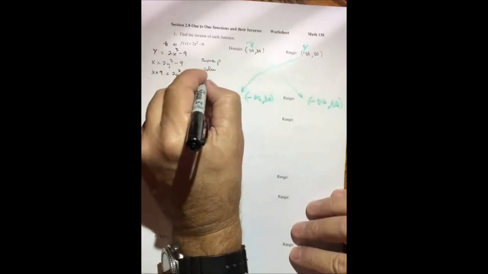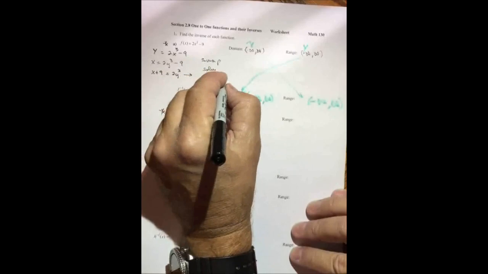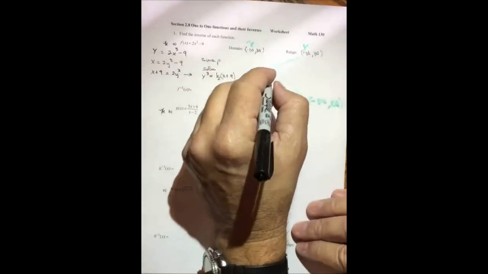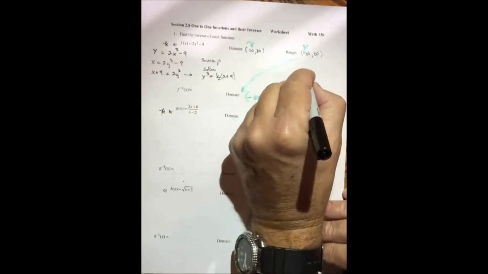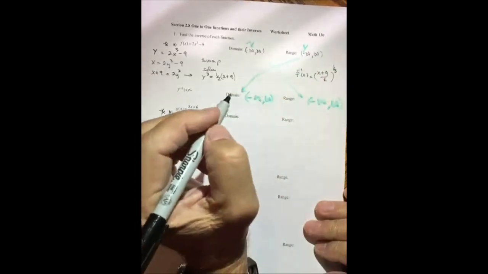Now divide by 2. And then take the cube root. So I'm going to get f inverse. Now I'm going to write this as (x plus 9 over 2) to the 1/3 power. So that's going to be my inverse.